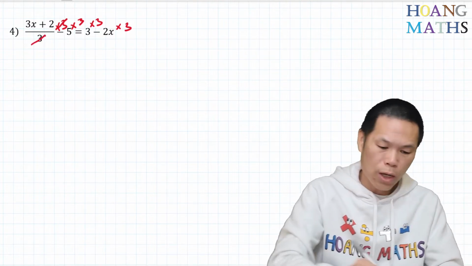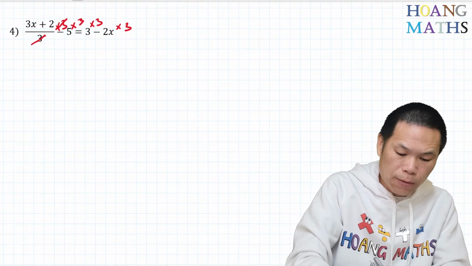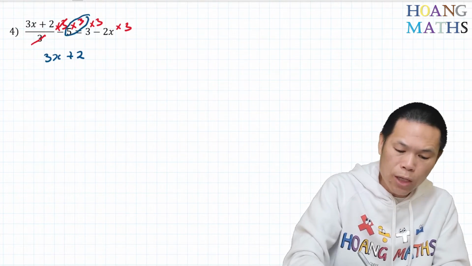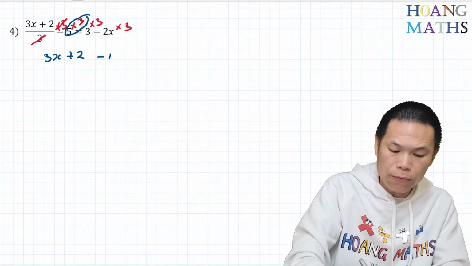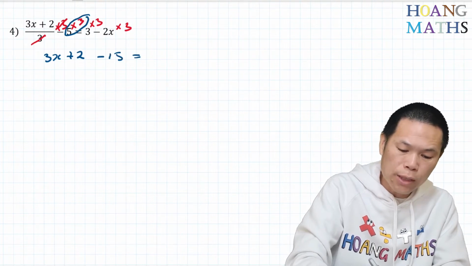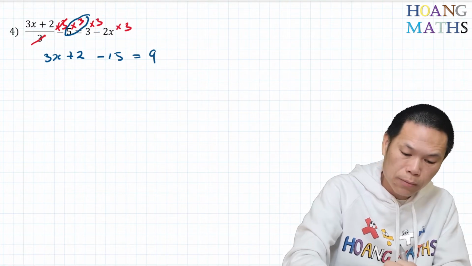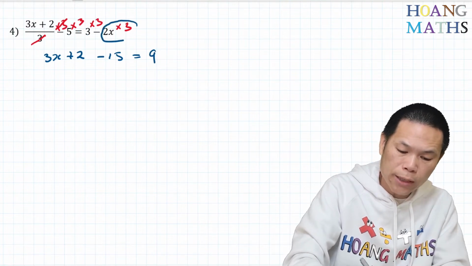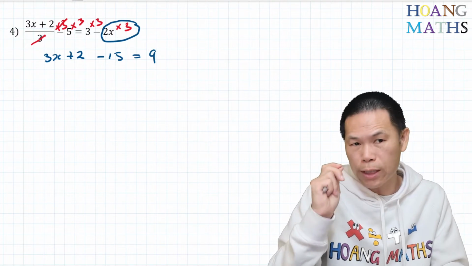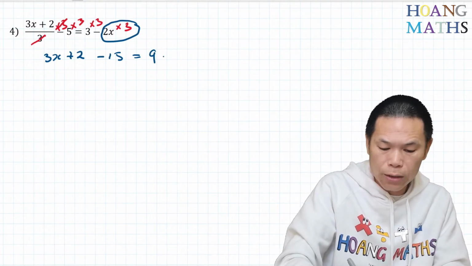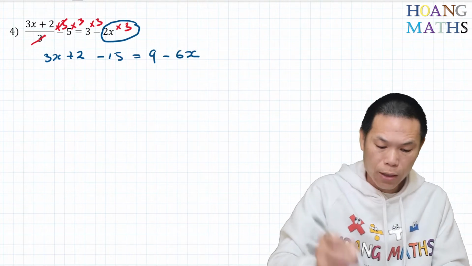So now we are left with 3x plus 2. And we have 5 times 3 is 15, but minus 15. And then 3 times 3, this term here, gives me 9. And then we have 2x times 3, which is 6x, but it's minus 6x because it's minus 2 in front. So negative 6x. So there you go.